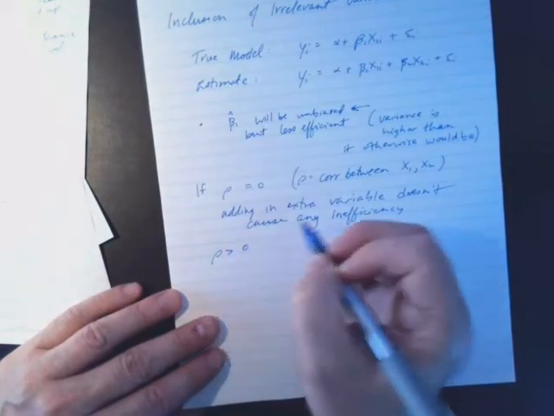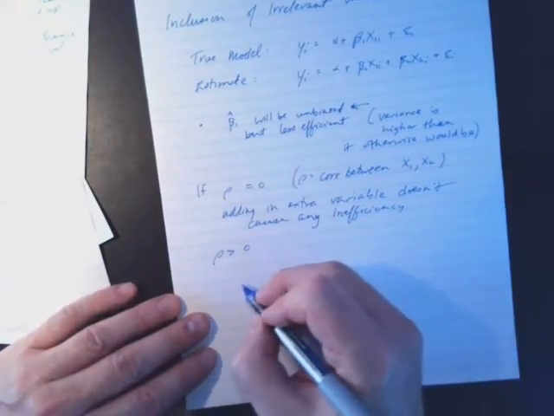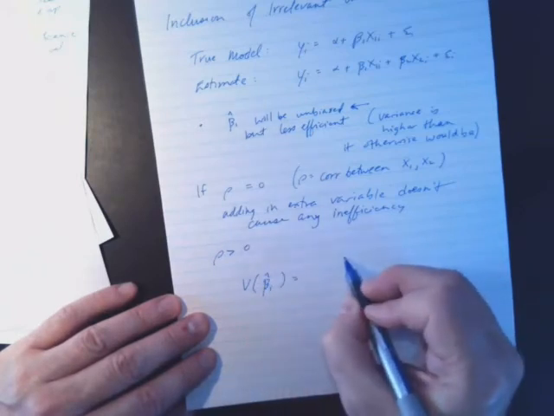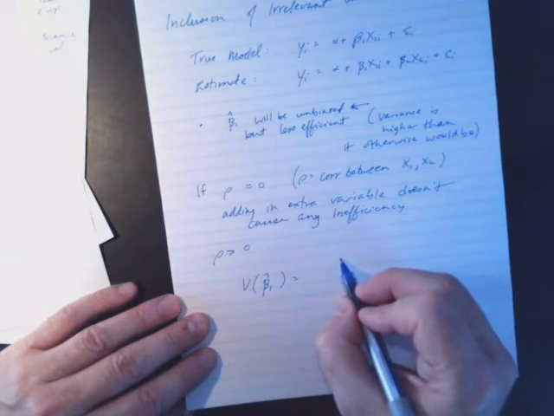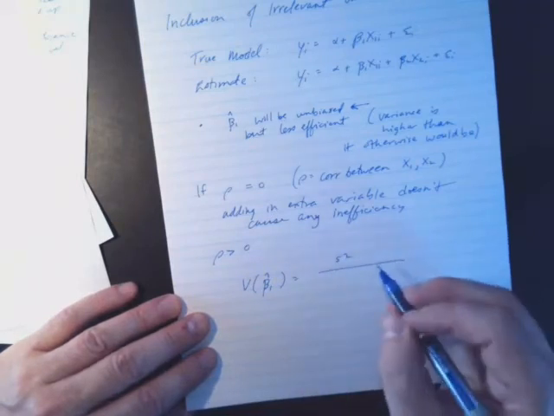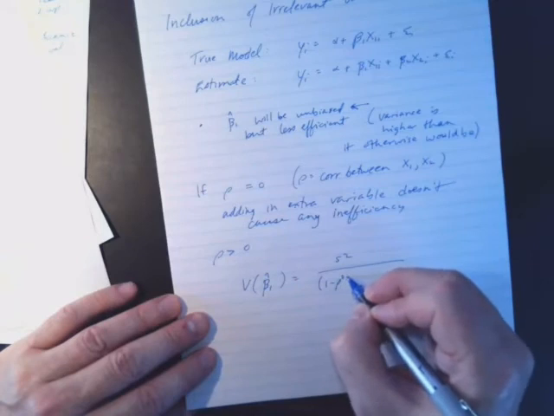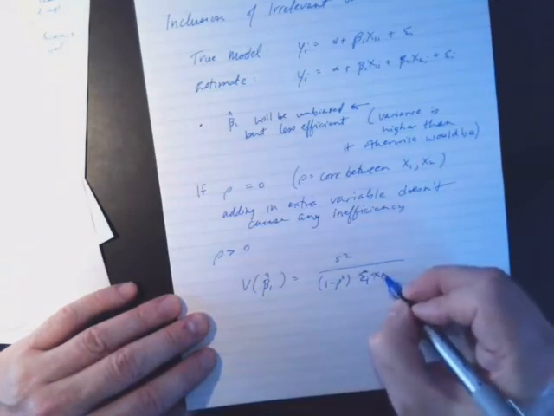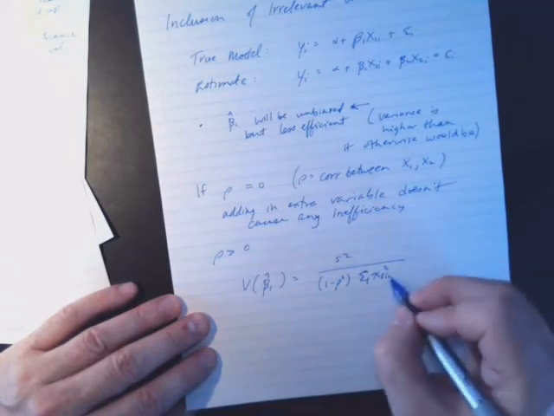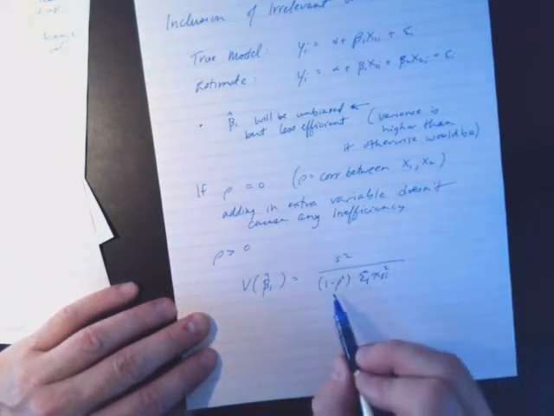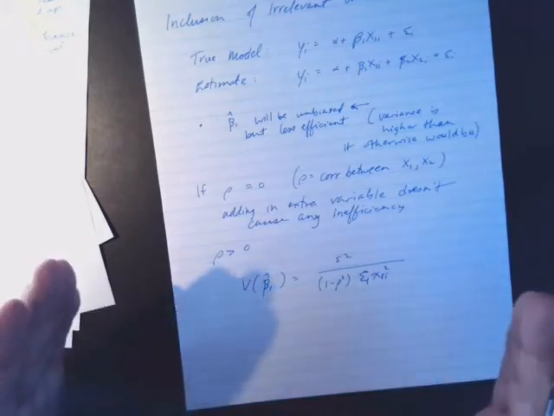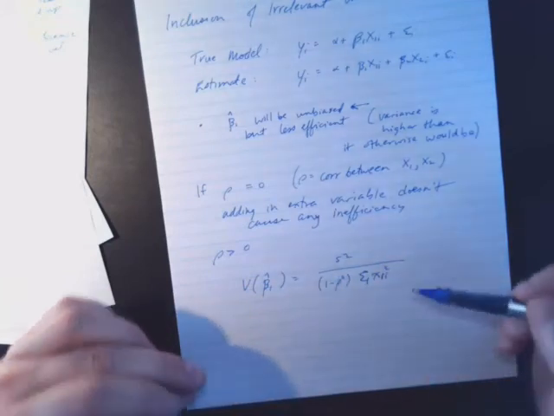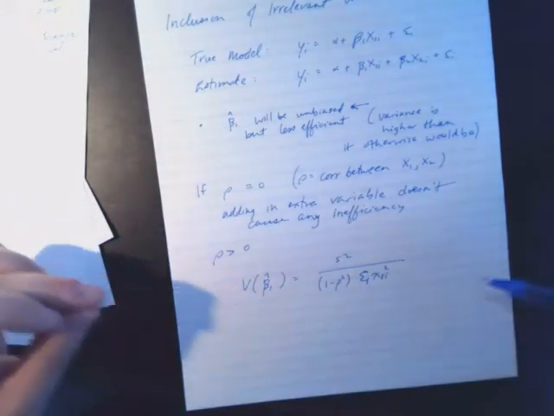If rho is greater than 0 though, what we've got here is the variance of beta 1 equals, and we're going to be using the estimate, s squared over 1 minus rho squared times the sum of x1i squared. Well, 1 minus rho squared starts to get to be a smaller number. So this starts to shrink, and that means the fraction starts to grow.